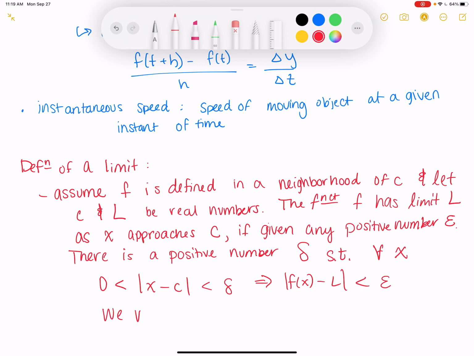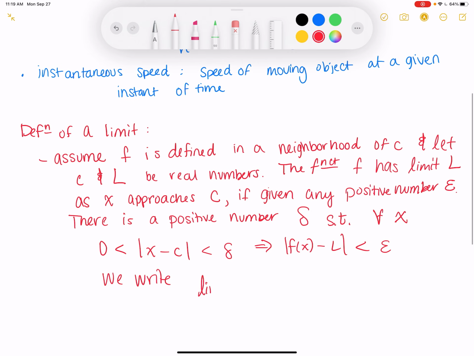So we write a much simpler version: the limit as x approaches c of f of x is equal to L.